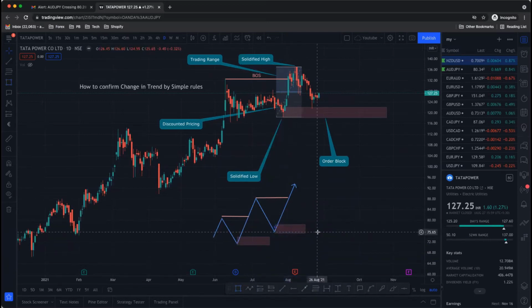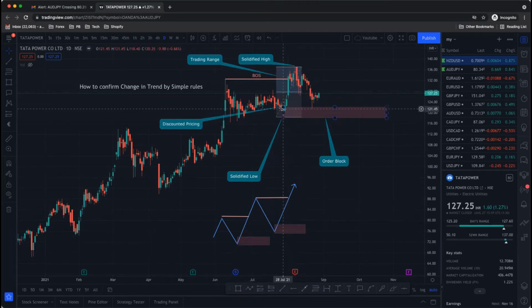Now, we are not going to enter unless we see this kind of structure on the 1 minute, 2 minute or 5 minute time frame, based on this daily chart. We need to confirm all this, so we have a marked daily order block.